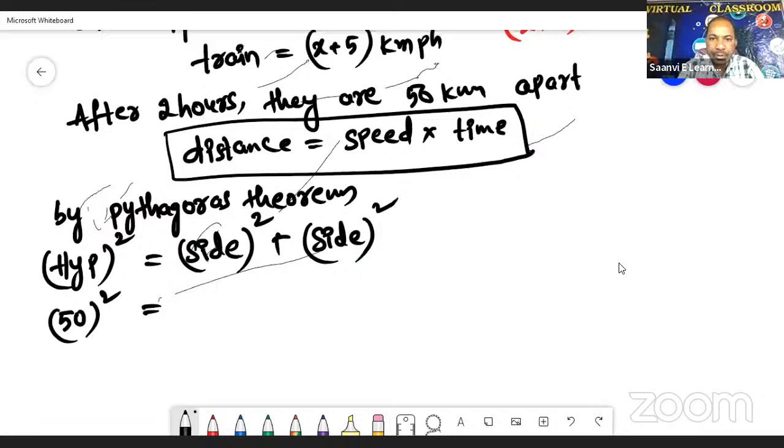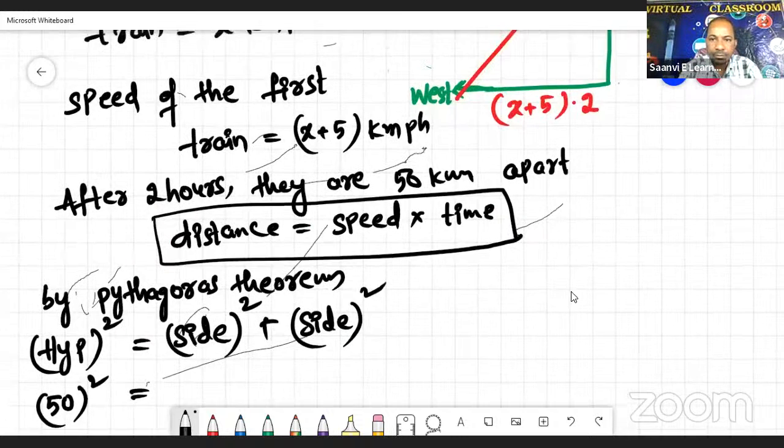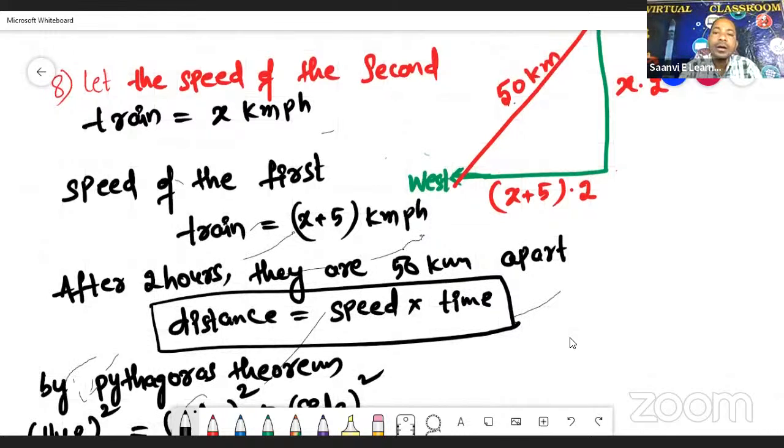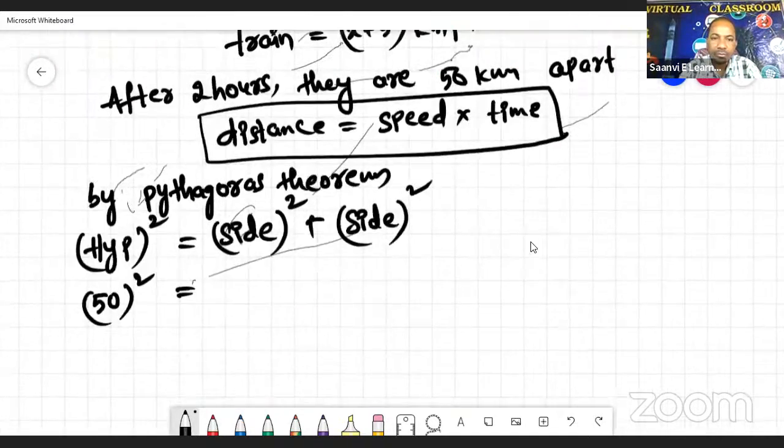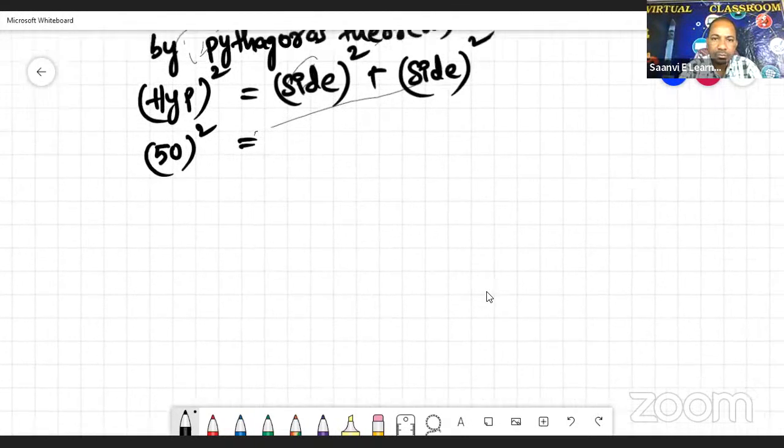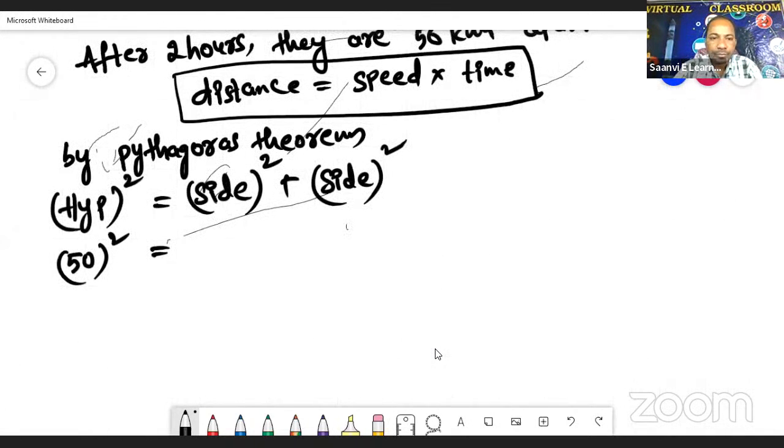What is side square? One side is x plus 5 into 2. One more side is x into 2. So one side is 2x whole square plus the other side is x plus 5 into 2 whole square.